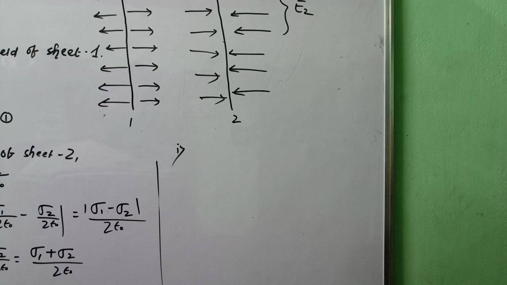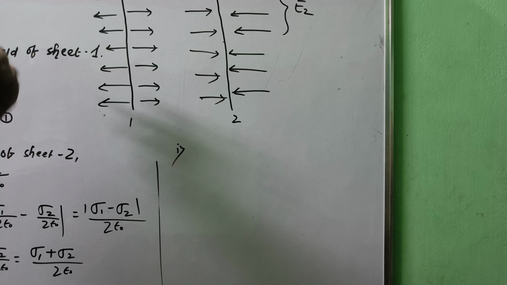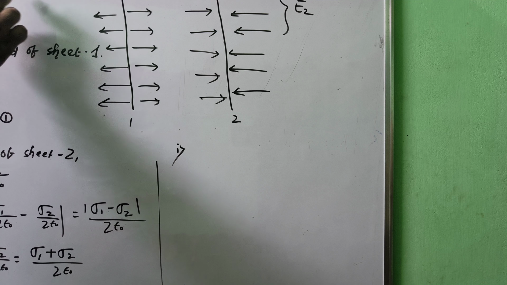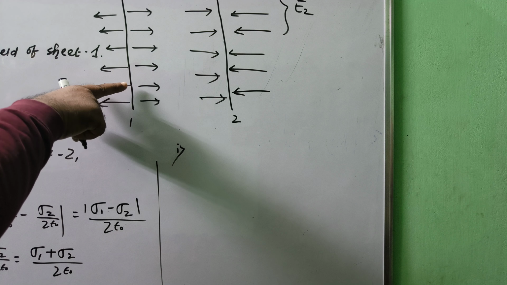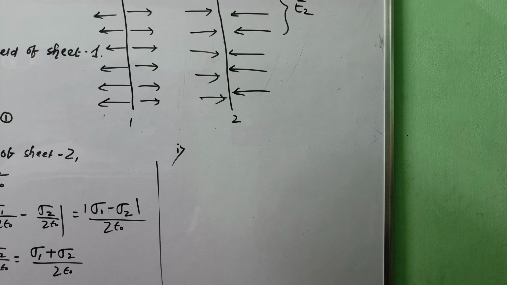If sigma 1 is greater than sigma 2, then the net electric field is going to be this side. If sigma 1 is less than sigma 2, then the electric field is going to be this direction, and you know this very much from vector addition and how to find the direction.